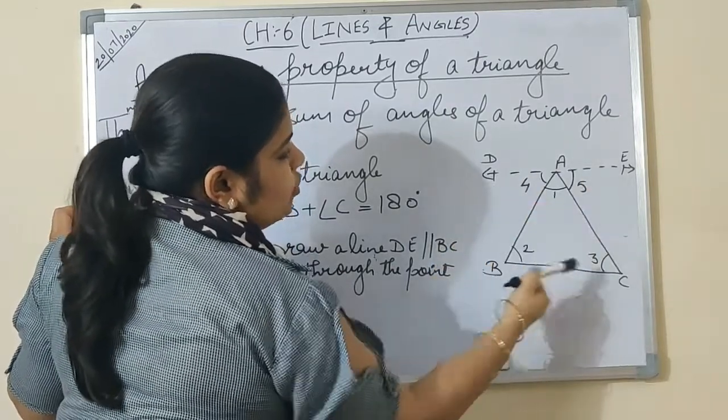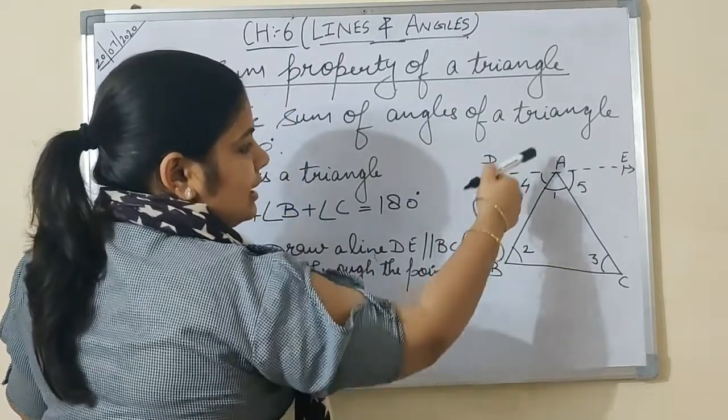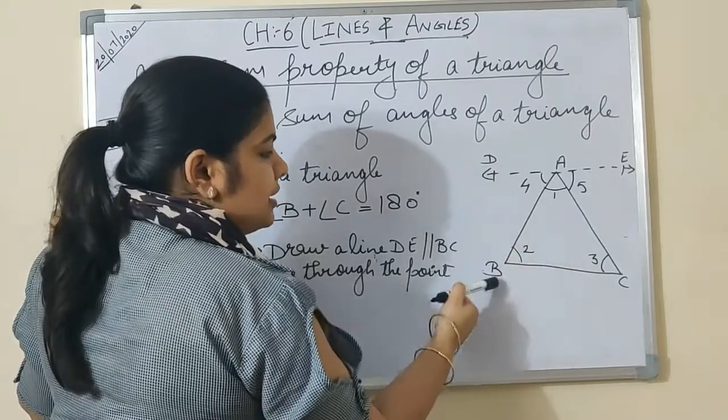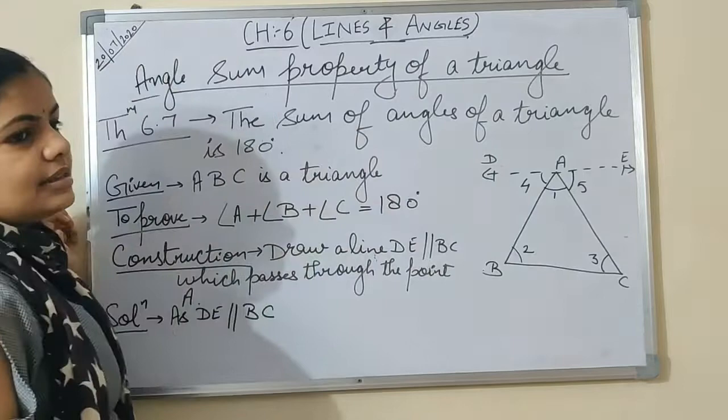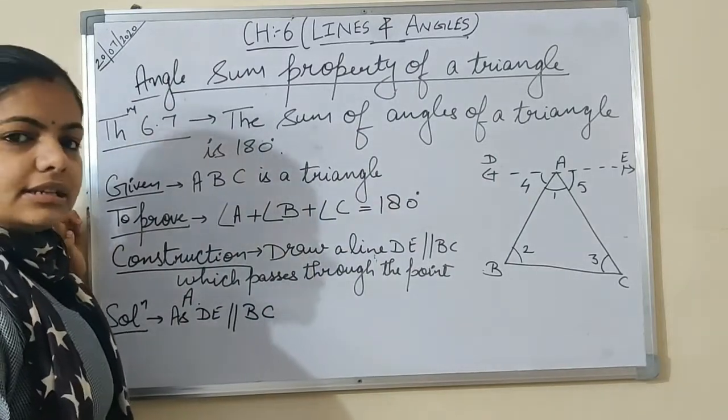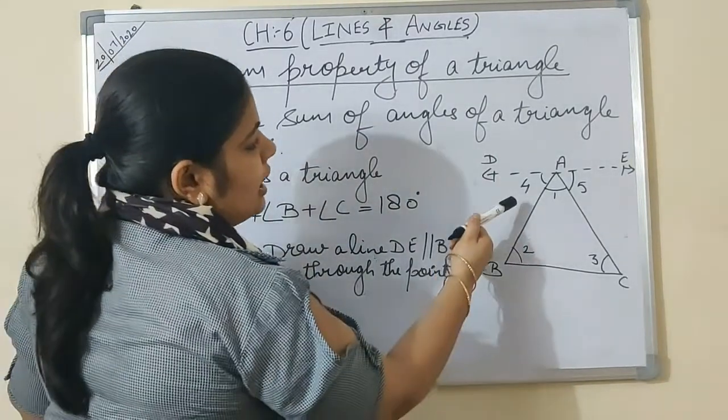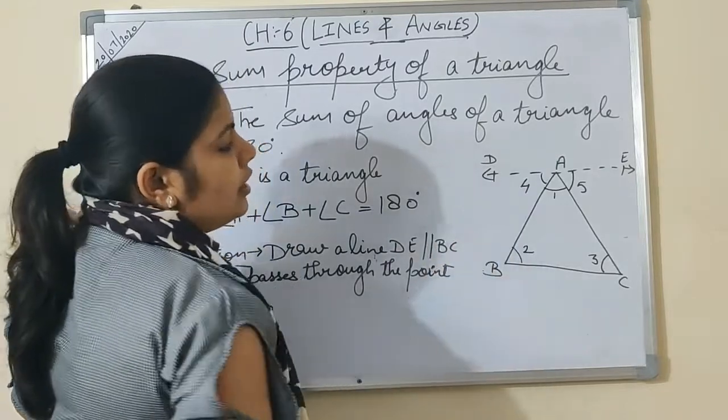As DE is parallel to BC and AB is acting as a transversal, angle 4 and angle 2 are alternate interior angles. So we can say that angle 4 will be equal to angle 2.